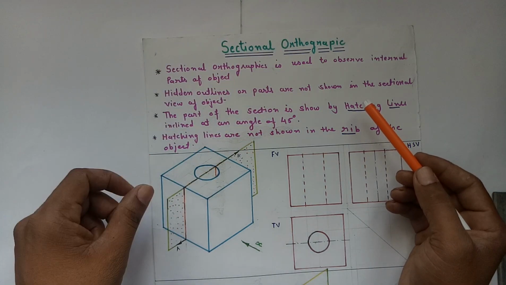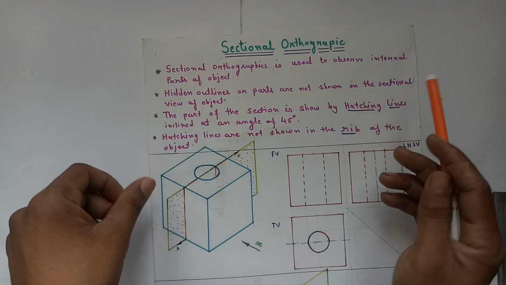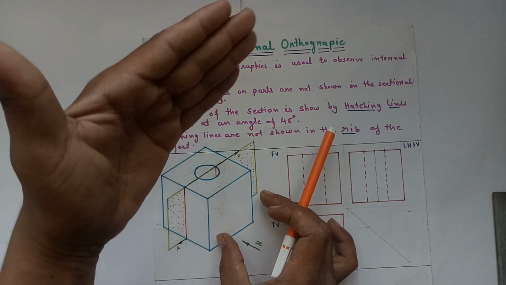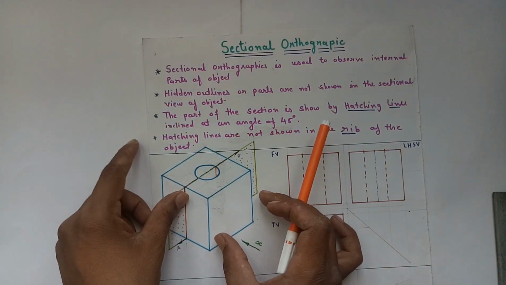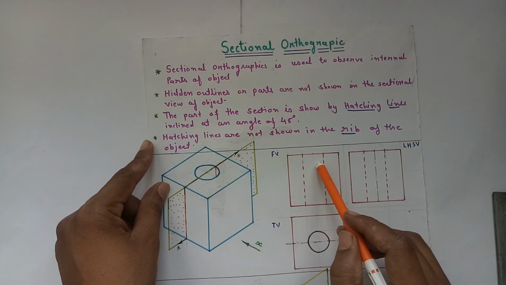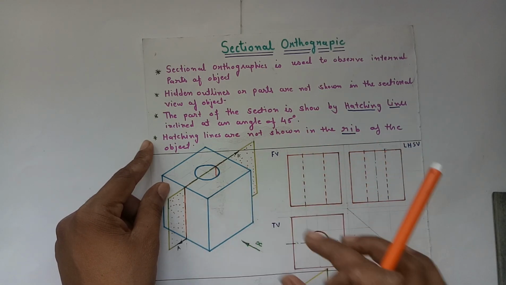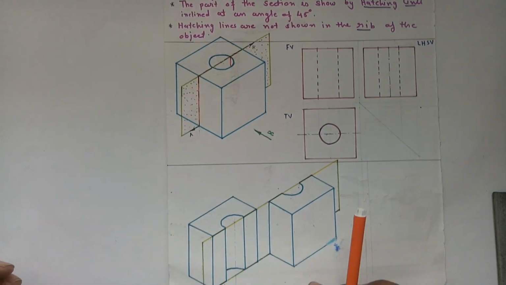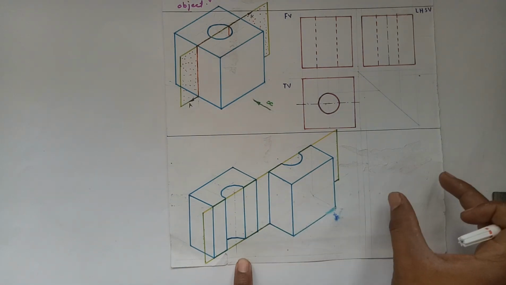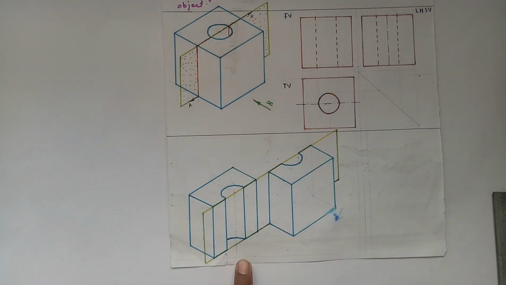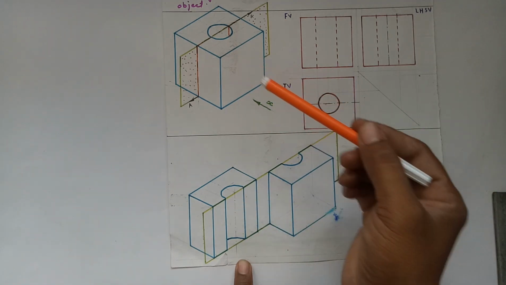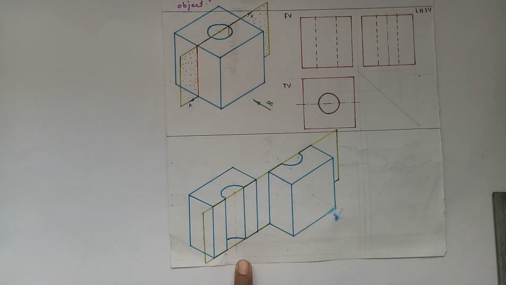So what is the next thing? To observe the object, we have to remove the part of the object after taking the section. So the section is going to be generated in the front view. To understand it properly, here we have drawn another figure. So the front part is removed from the object, and the section is generated in the front view of the object.